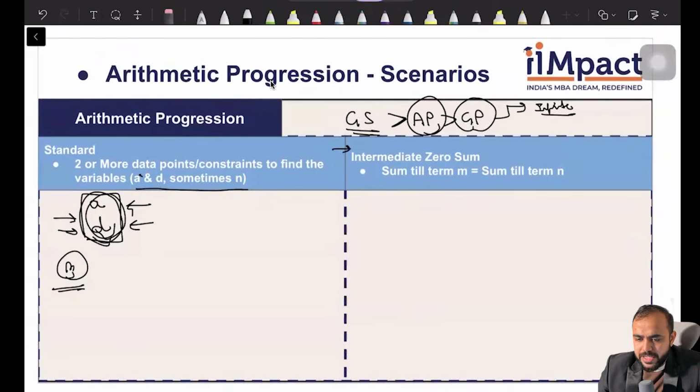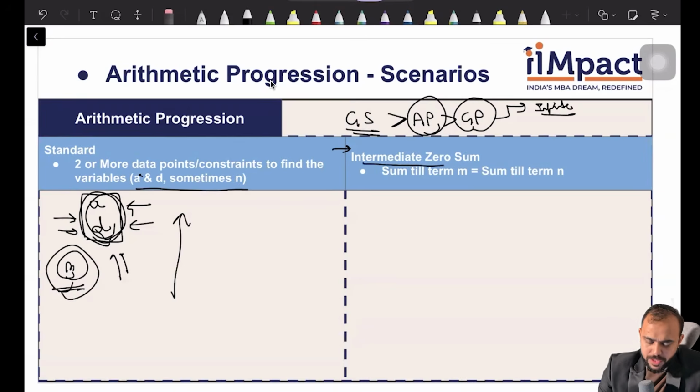You can reshape the AP into whatever you want. We will see an example of what I mean. So what is more important in this context of a standard arithmetic progression is to understand how they can give me the information, because the end goal is clear: to find a and d, or in some contexts n.